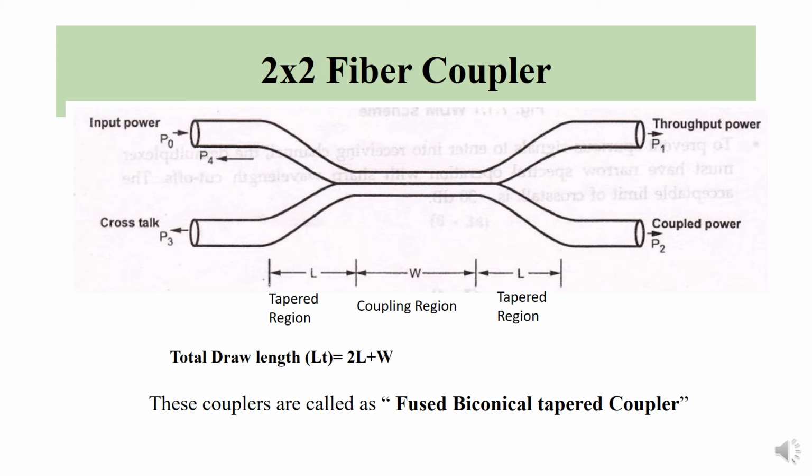We even call it the reflected output. The total draw length for the entire setup is given as LT equals 2L plus W. The typical values of W and L are a few millimeters. Since we are using tapers here, we call these 2x2 fiber couplers fused biconical tapered couplers.